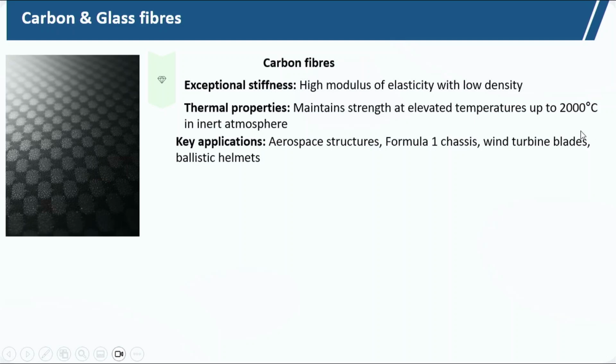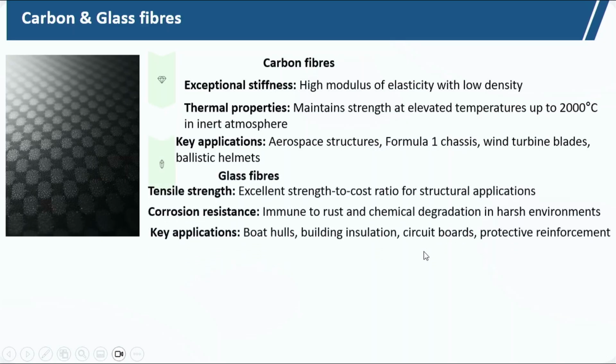So, high modulus. So, for that application we can use it, lightweight, okay, ballistic helmets, and it maintains strength. Okay, it is very high temperature resistant, and around 2000 degrees Celsius it maintains its strength. So, where high temperature strength is required like aerospace structure. So, for this type of application we use carbon fiber, okay.